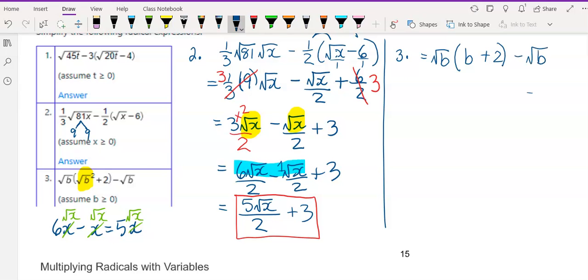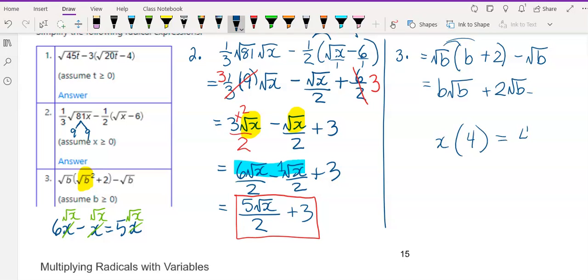All right, so now that we've simplified inside the brackets, let's distribute in. This is b root b, just push them together, plus 2 root b. Notice that whether you're a variable or a number, when we're multiplying this in, it's just like saying, what is x times 4?